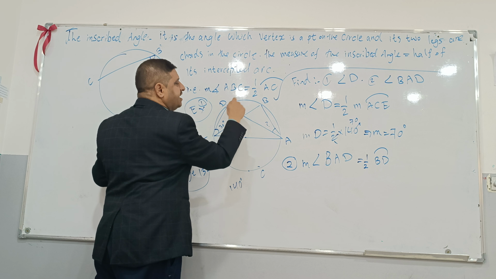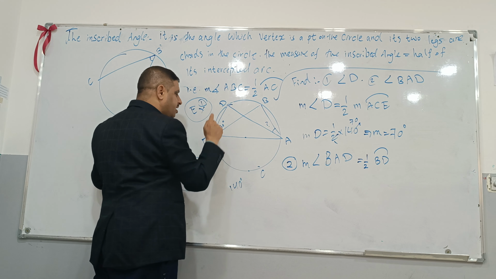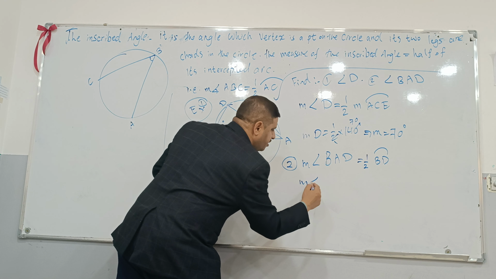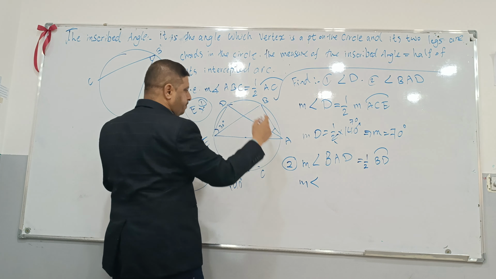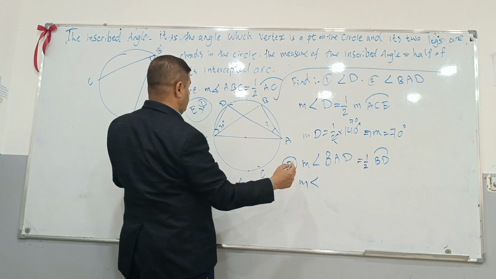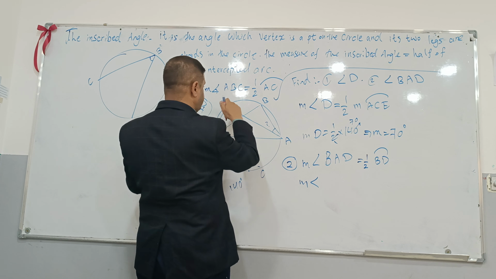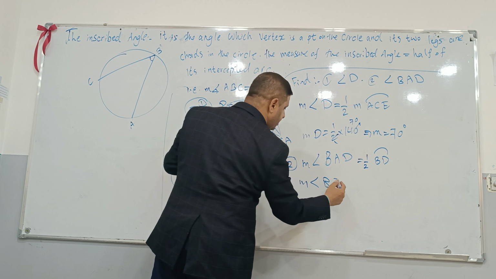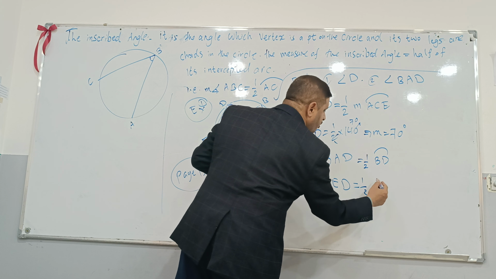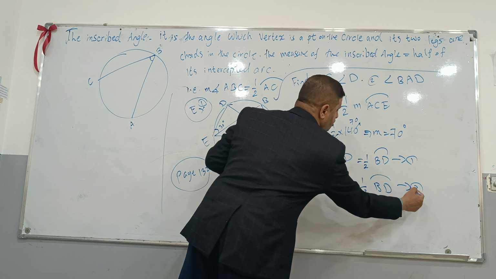What is the relation between the arc BD and this angle? The measure of the angle DEB, BED, equals half of the arc BD. This is equation number 1 and this is equation number 2.